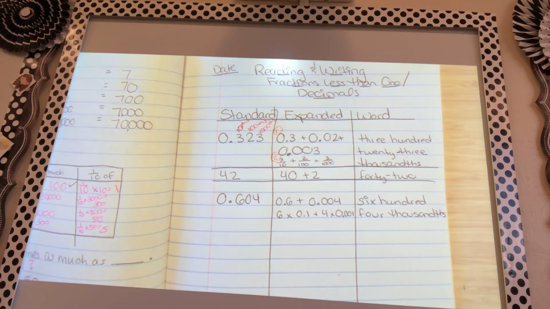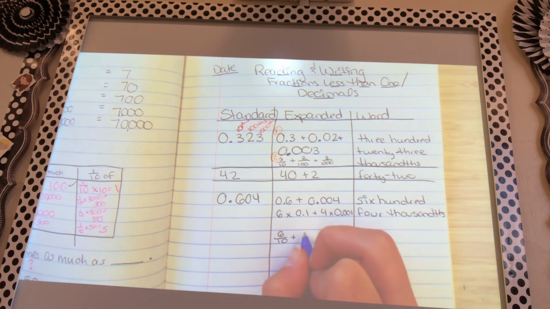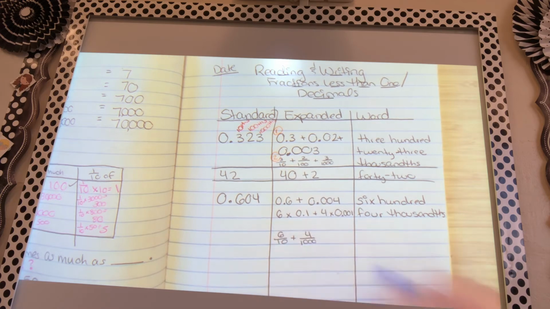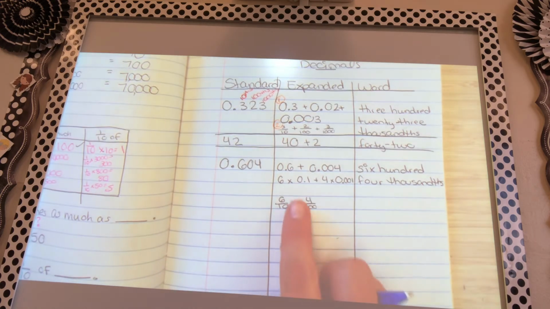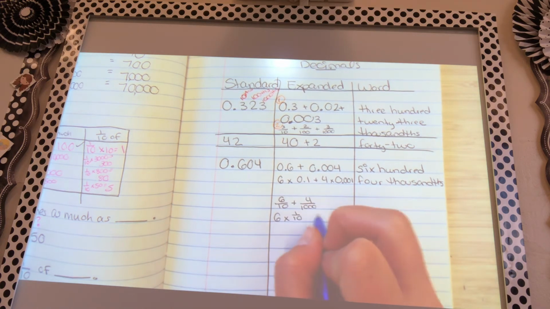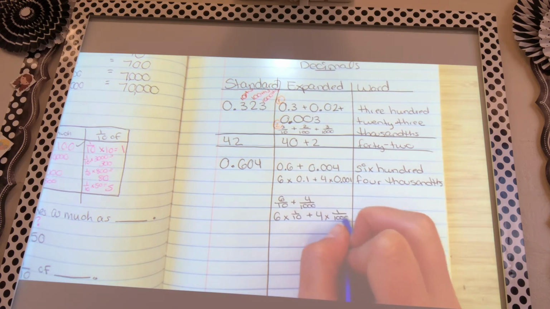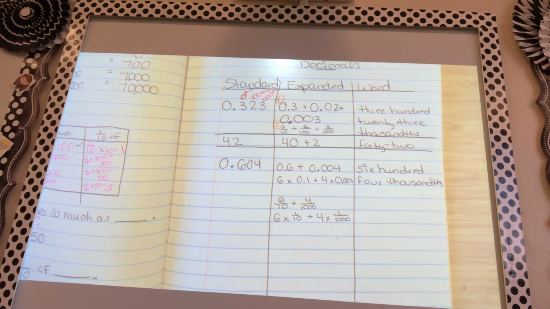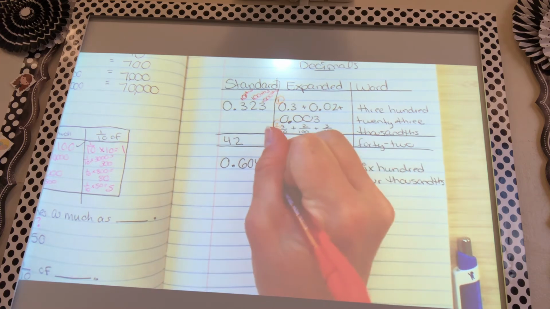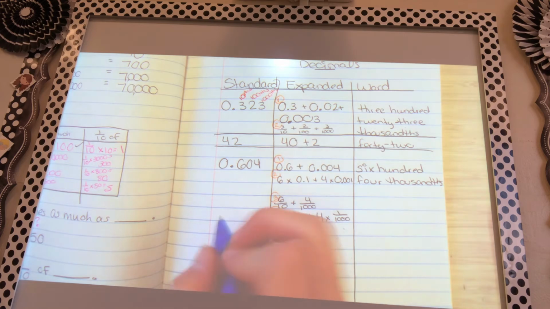Or I can do it in my decimal or my fraction less than 1 form, which would be 6/10 plus 4 thousandths, or I can separate the place value and the digit. So I would do 6 times 1/10 plus 4 times 1/1000. All of these are ways that you will see them. These are all acceptable ways to write.